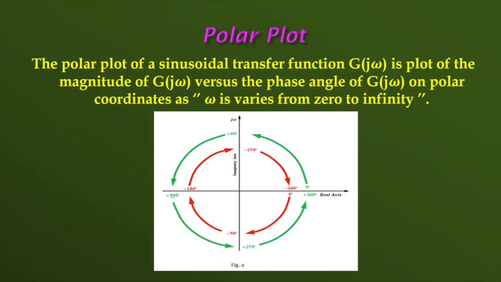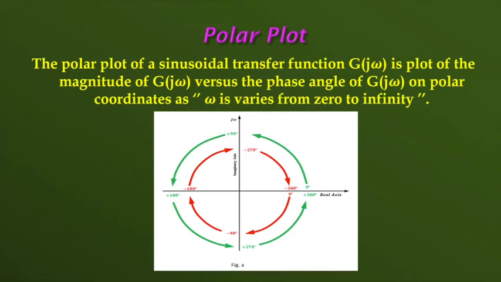This point is plus 180, and this axis is plus 270 and plus 360. And the magnitude is always plotted from the origin.